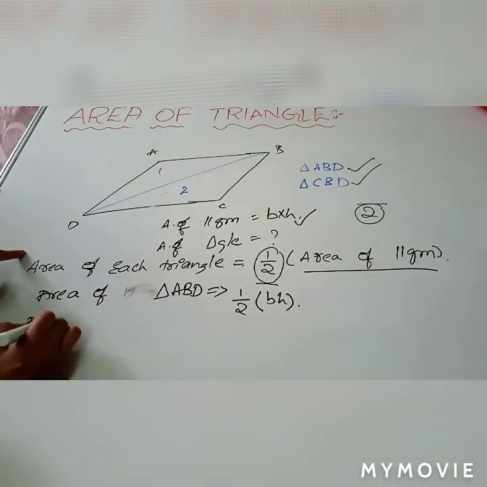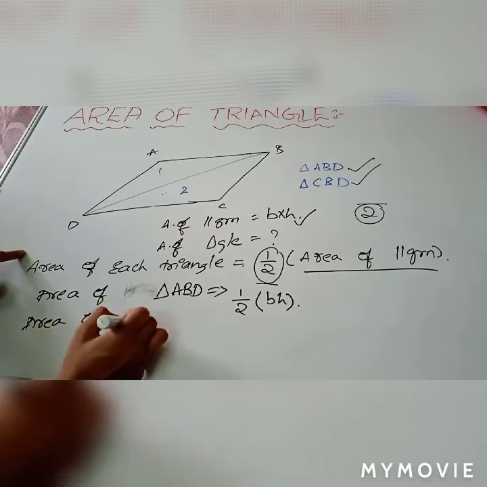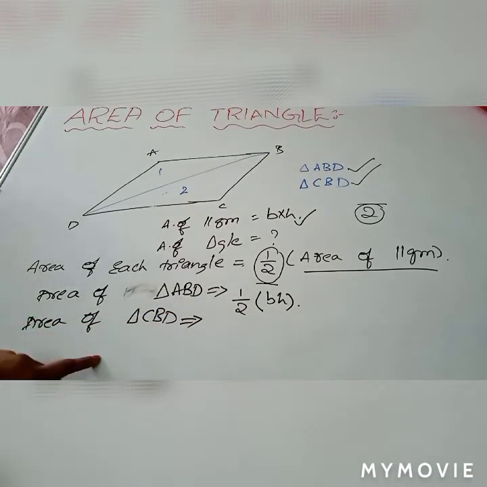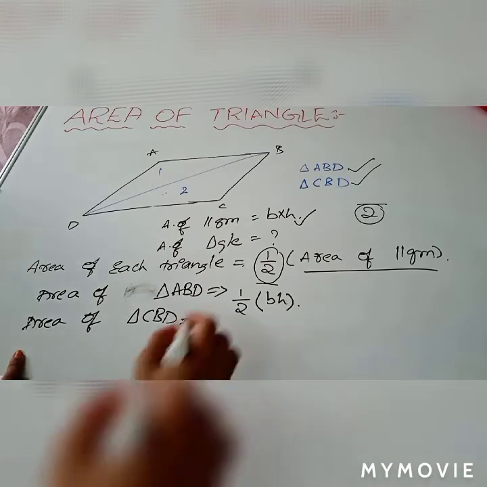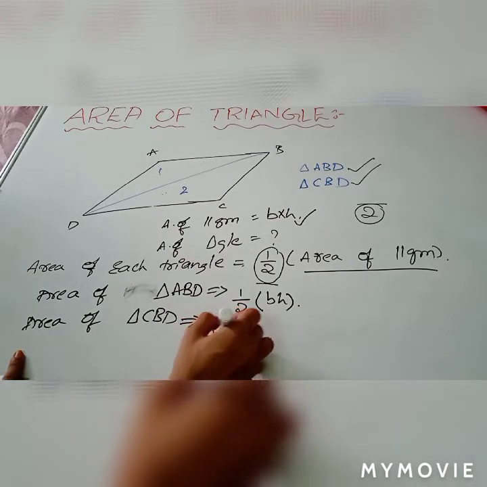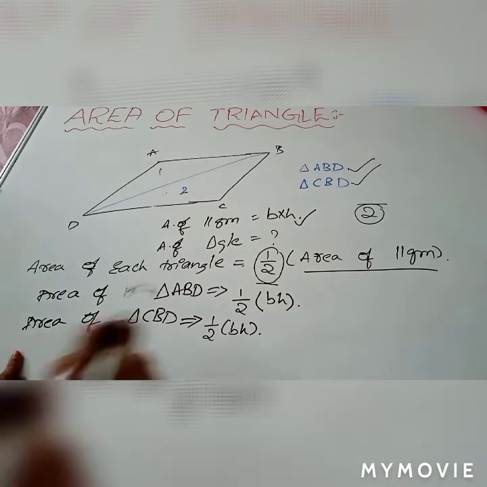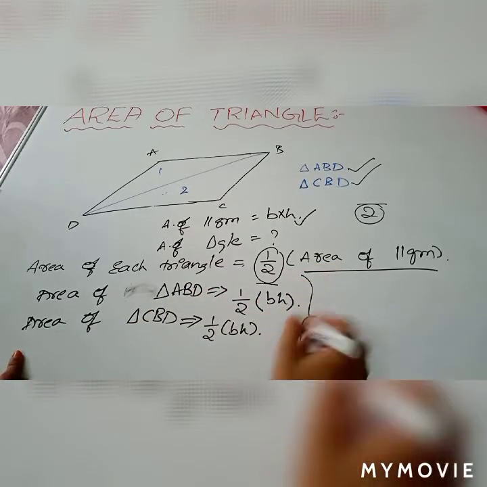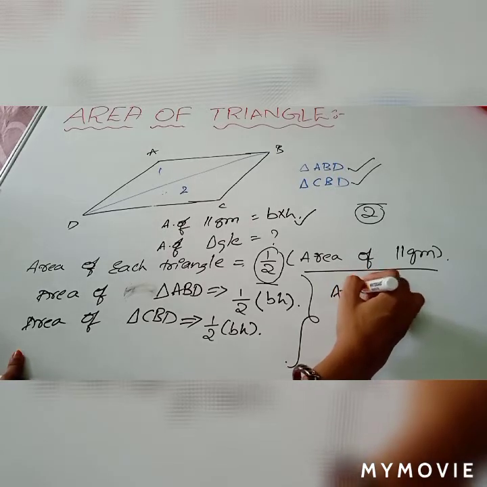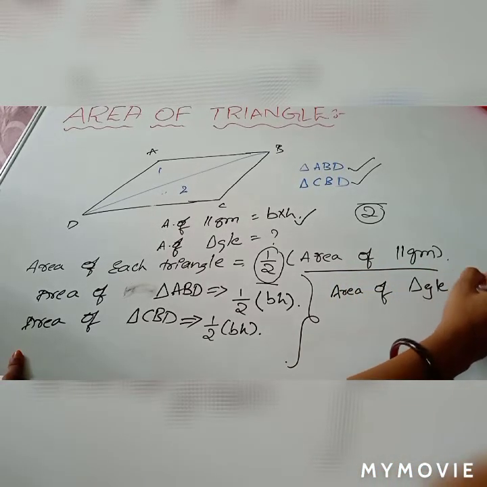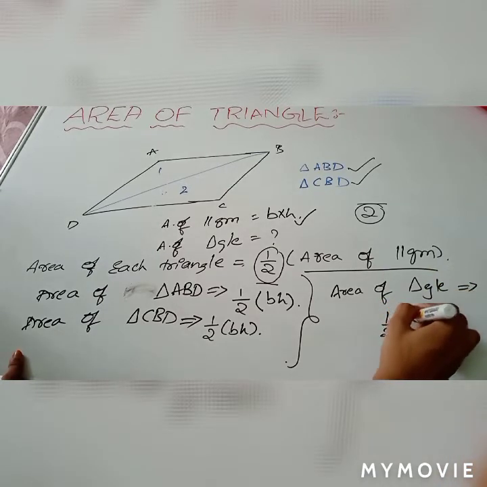And next one is area of triangle CBD. From this you can say the next triangle area. Next one is 1 by 2 into base h. Up to here clear? So totally we can say that area of triangle is equal to half BH.